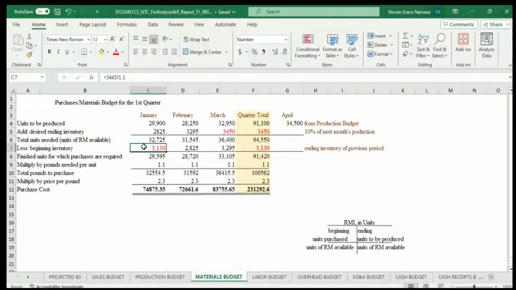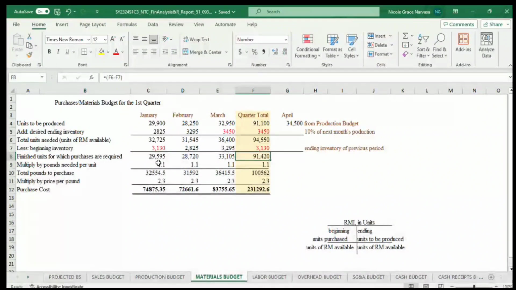For January, it's 3,130. So if we subtract it from the total units needed, that will give us the finished units for which purchases are required, which is 29,595. And for the quarter total, it's 91,420.